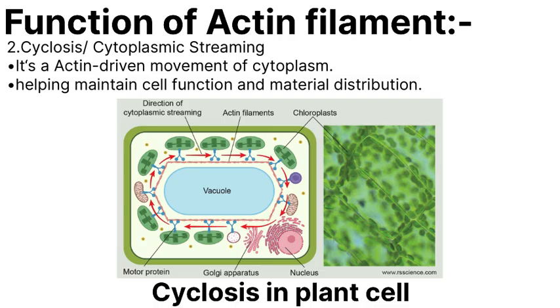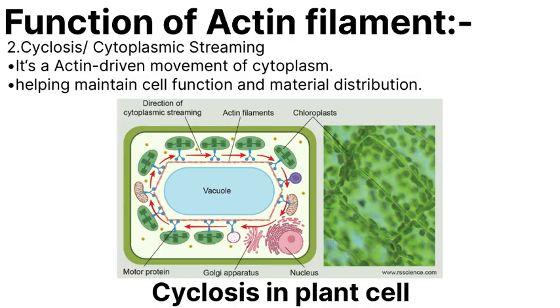This interaction generates a streaming motion of the cytoplasm in the cell. The key function of cyclosis is to ensure the even distribution of nutrients and organelles in the cell, and to facilitate the efficient transport of materials within large plant cells, where simple diffusion is too slow.